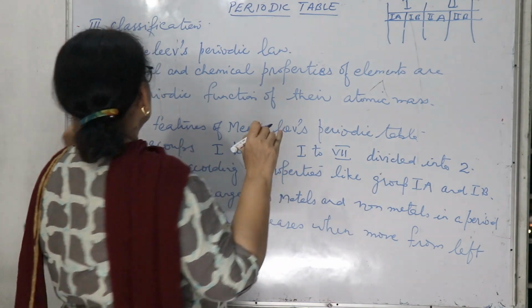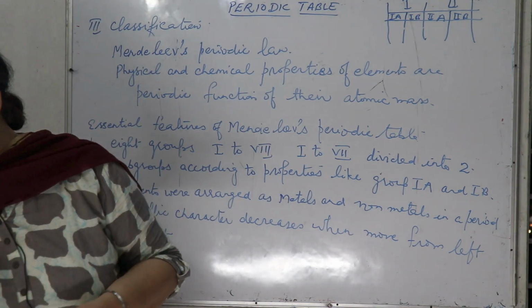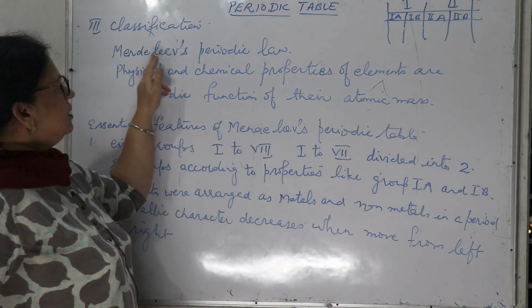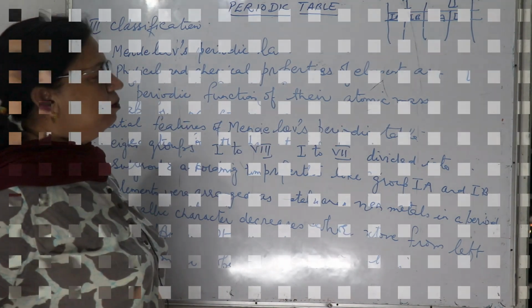So this law was given by Mendeleev, that physical and chemical properties of elements are the periodic function of their atomic mass. So this classification is also based on atomic mass.